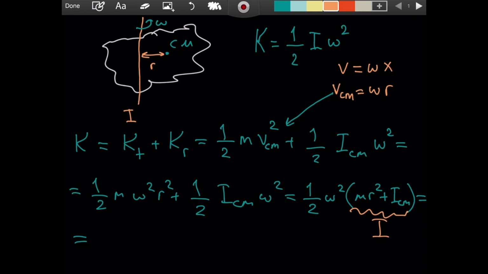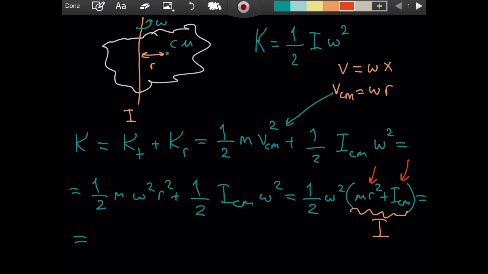The parallel axis theorem tells you that if you want to calculate the moment of inertia about any axis, you take the axis that passes through the center of mass and you add m r², where m is the total mass and r is the distance from the axis of rotation to the center of mass. This is correct by the parallel axis theorem, which I can do a video about if you want.